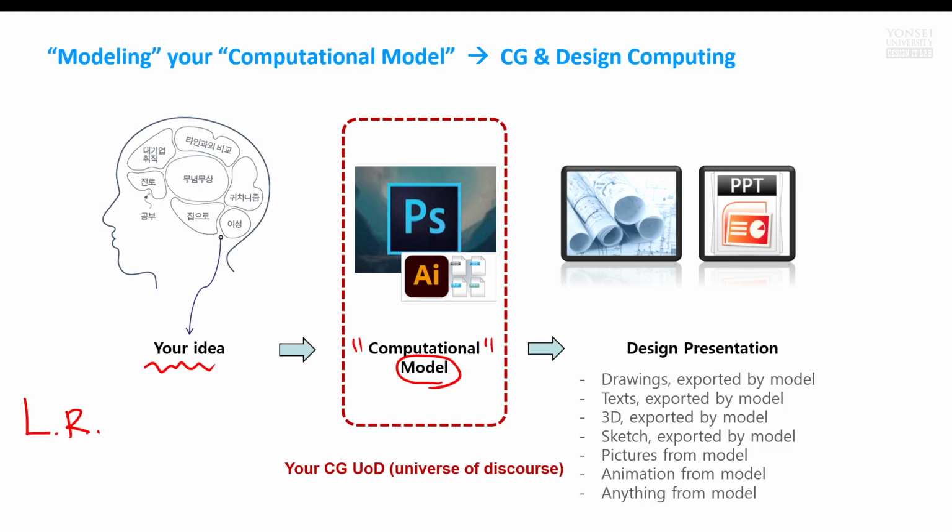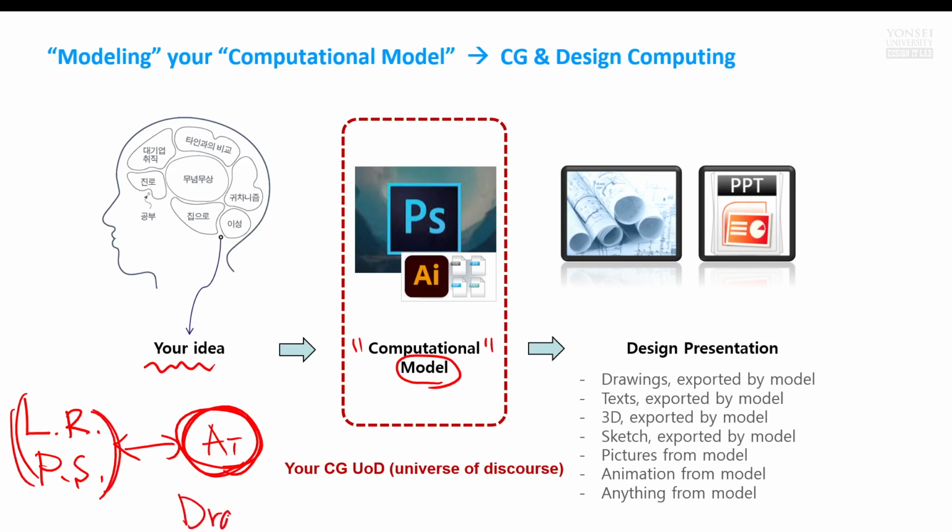But anyway, compared to Lightroom, Photoshop, and this kind of image editing related raster image tools, AI, Illustrator has very, very different functions from those image editors. What are they? It has drawing features, a number of powerful drawing features.